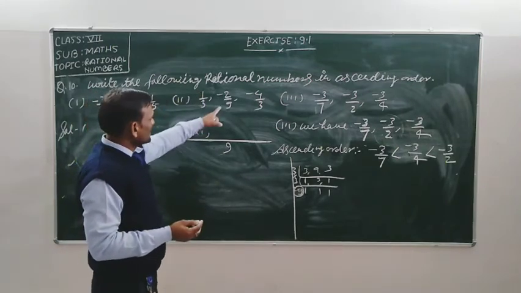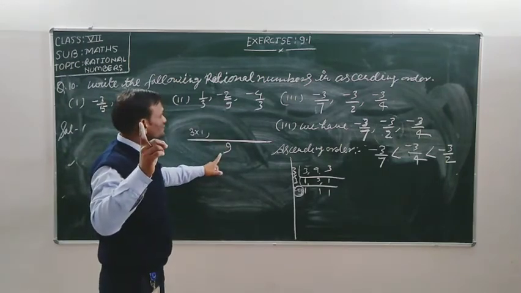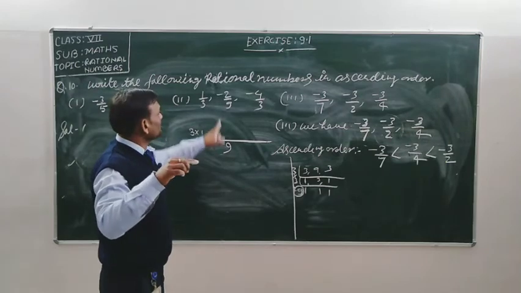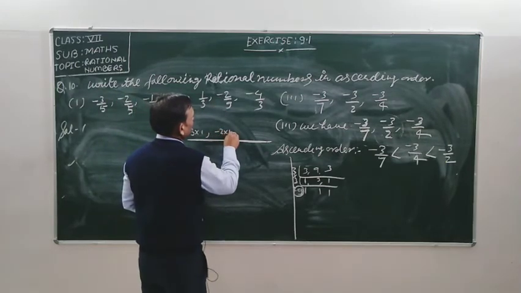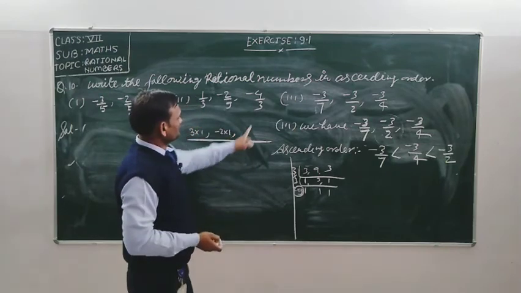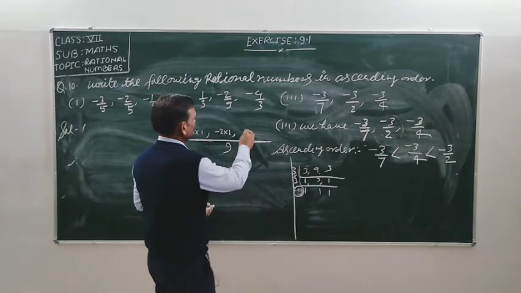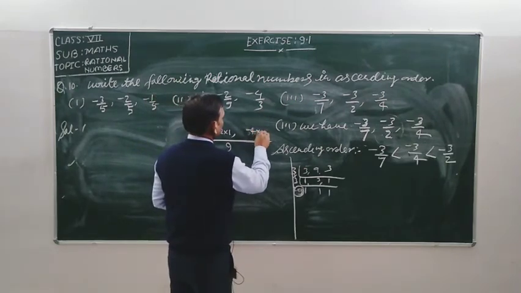After this, 9 divided by 9. 9 ones are 9. Quotient is 1. So we multiply the numerator by the quotient, means minus 2 into 1. Then 3 threes are 9, minus 4 into 3.